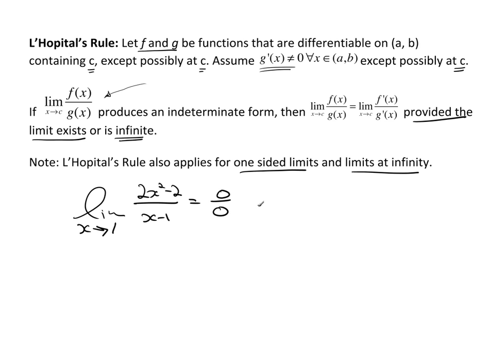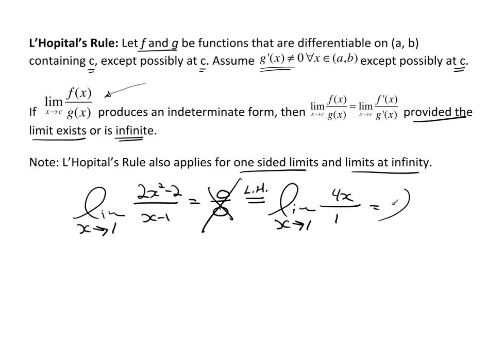So what I'm going to say is that this limit is equal to, and I typically use the notation LH over top of it, which tells me that, based on L'Hopital's rule, that's how I went from here to what I'm about to do: this limit is equal to the limit as x goes to 1 of the derivative of the numerator, which is 4x, divided by the derivative of the denominator, which is 1.